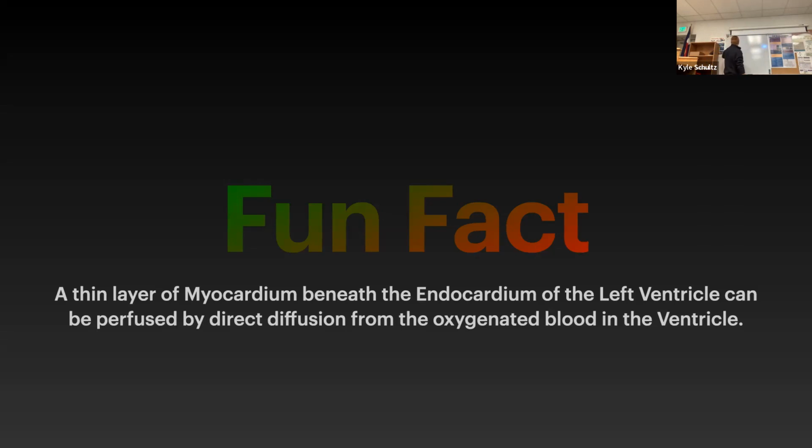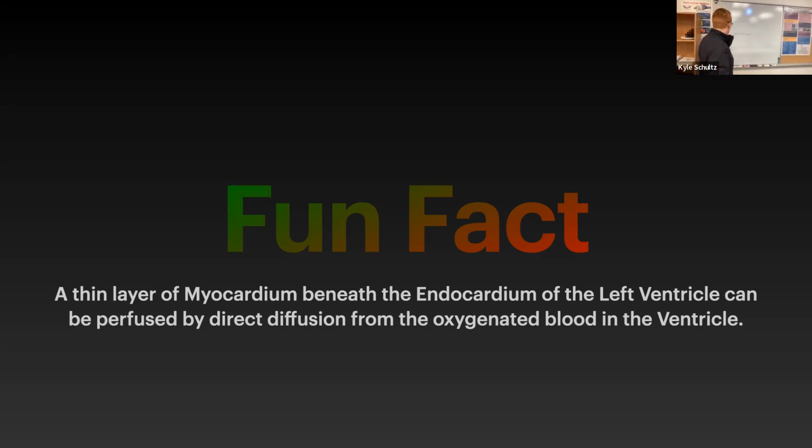So from the outside, we have the epicardium. Then we have the myocardium. So what does myo mean? Muscle. So this is the part of the heart that actually does the contracting, right? Kind of like the tunica media in the artery is the myocardium.